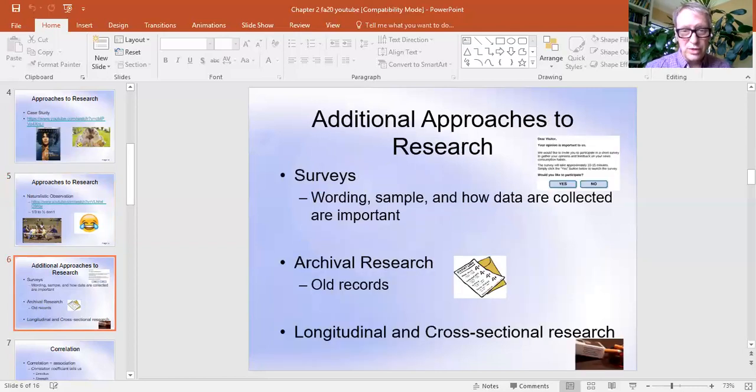Few other ways to do research. Surveys are one of the most common. You've probably filled out surveys online before, I'm guessing. The problem with surveys is that how they're worded can influence the kind of results you get back. So if you say, do you support social welfare programs from the government?